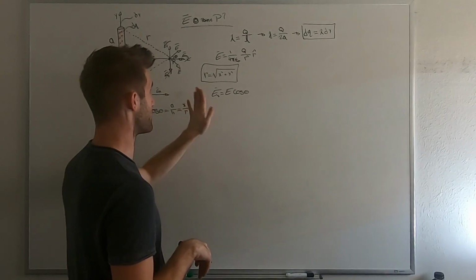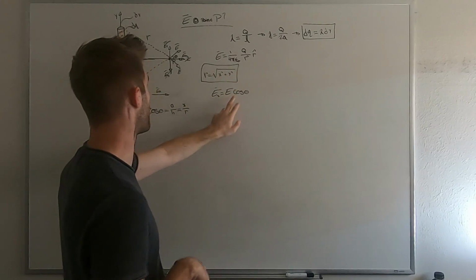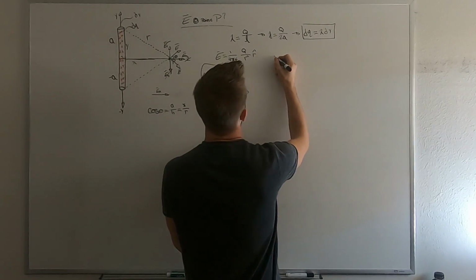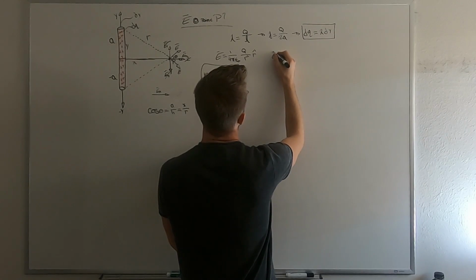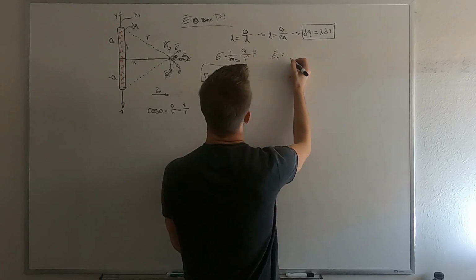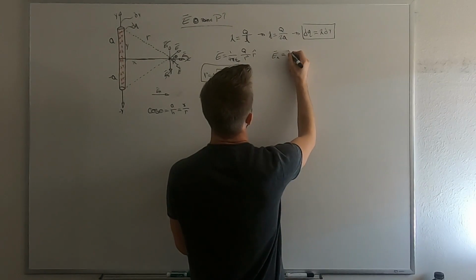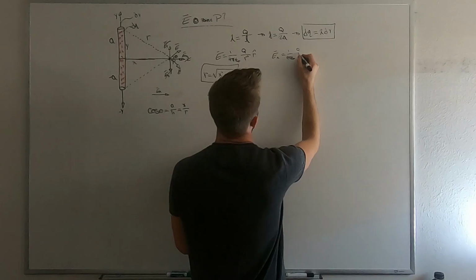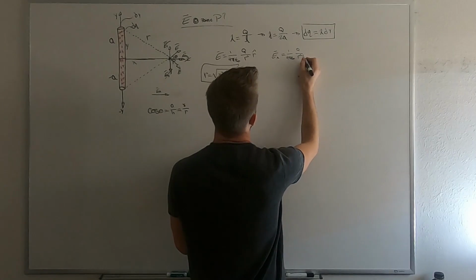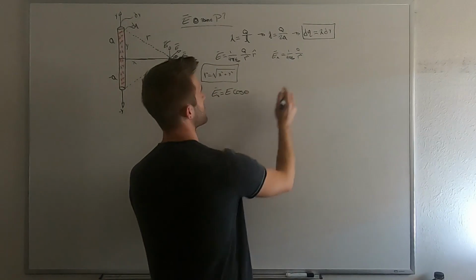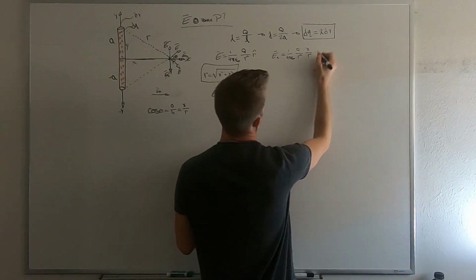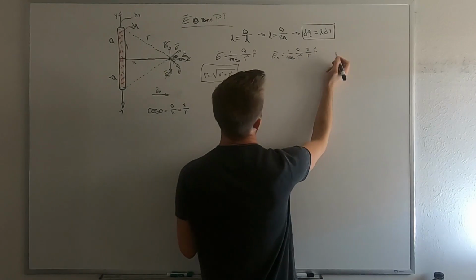At this point, we can plug in our E and what we just calculated for cosine. So E sub x is equal to our electric field, 1 over 4 pi epsilon naught times Q over r squared, and then cosine theta is just x over r, and then we'll do our unit vector r hat there.